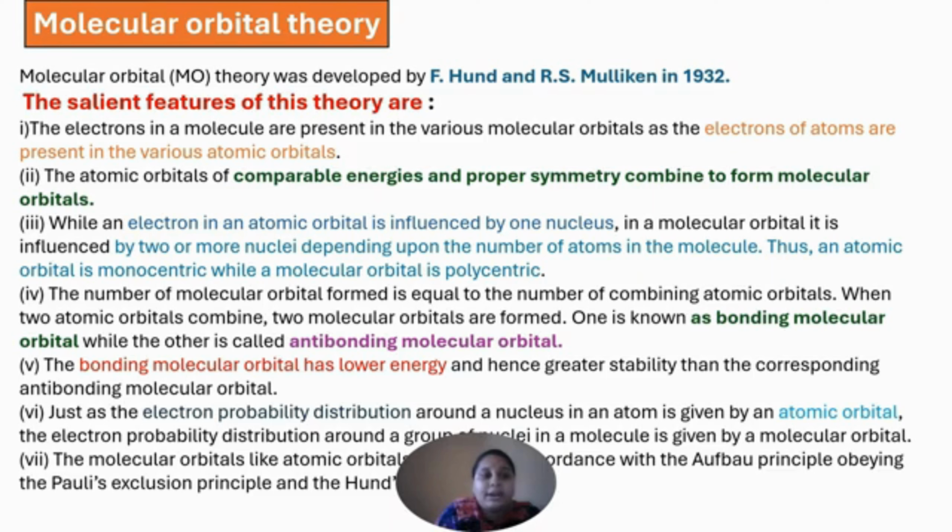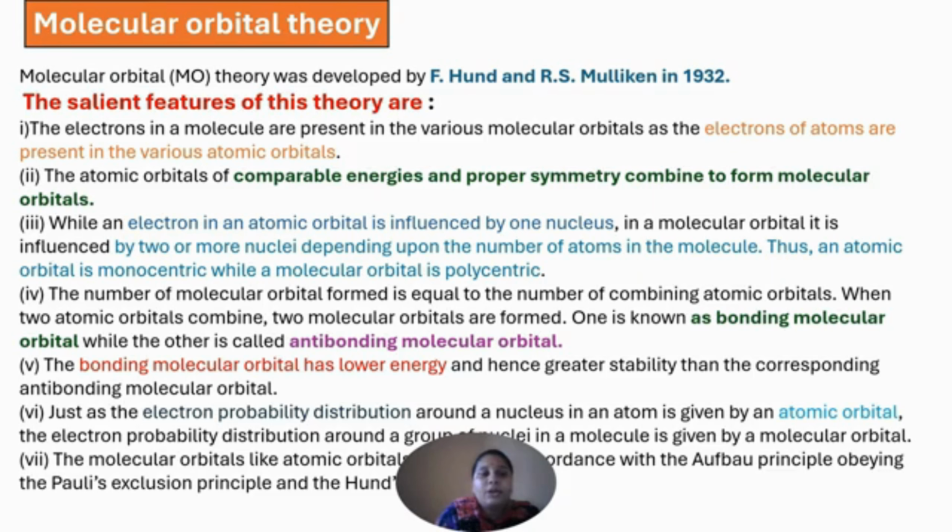While an electron in an atomic orbital is influenced by one nucleus, in a molecular orbital it is influenced by 2 or more nuclei depending upon the number of atoms in the molecule. Therefore, an atomic orbital is monocentric while a molecular orbital is polycentric.